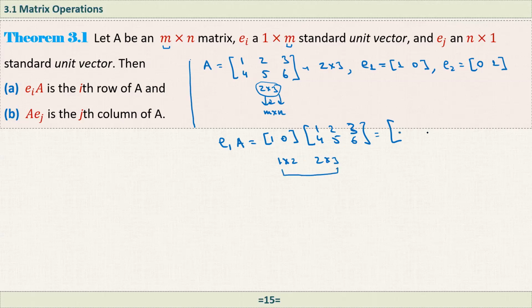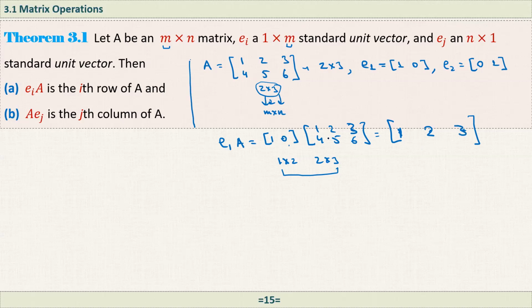Now, 1 times 1 is 1, 4 times 0 is 0, so the first entry is 1. Now I multiply by the second column: 2 times 1 is 2, 5 times 0, so that is 2. And 3 times 1 is 3, 6 times 0, so 3. And what are these actually?